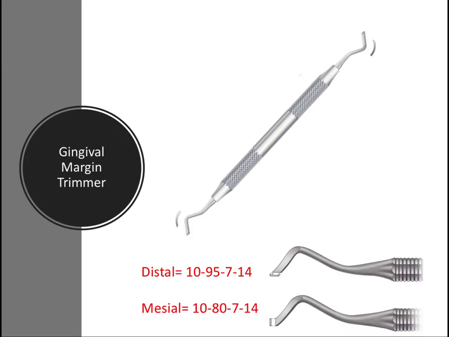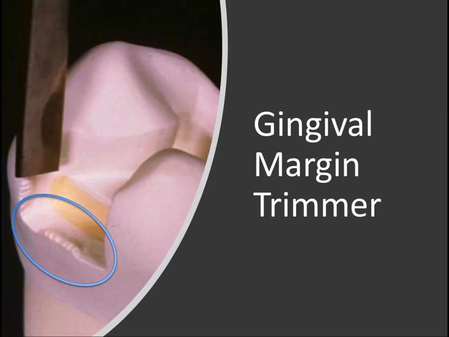If that number is less than 90 degrees, then it's used for the mesial side of the tooth. If it's greater than 90 degrees, it's used for the distal side of the tooth. So this represents a mesial marginal trimmer, this a distal marginal trimmer. And so instead of being used for facial and lingual walls, the margin trimmer is used to plane or trim off this unsupported enamel at the gingival floor.